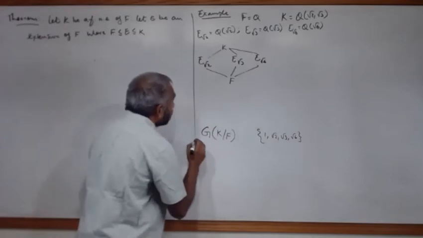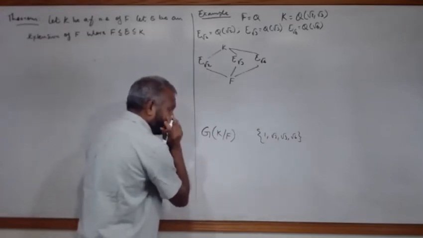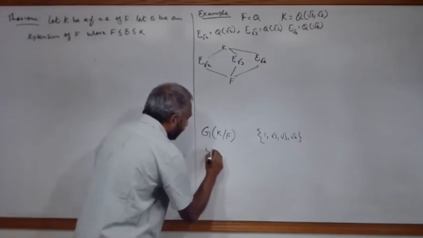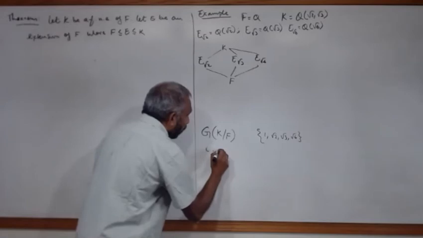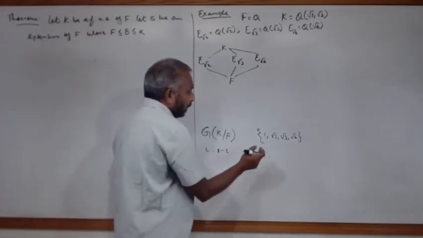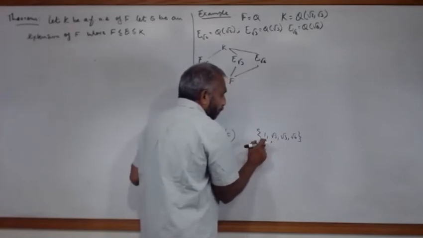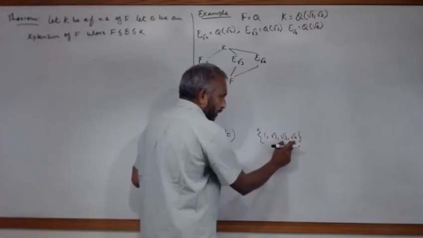The automorphisms are, the first one is I, which is actually 1 goes to 1. See, when you define the automorphism, this should map to its conjugate, this also should map to its conjugate, this also should map to a conjugate, and this also should map to a conjugate.